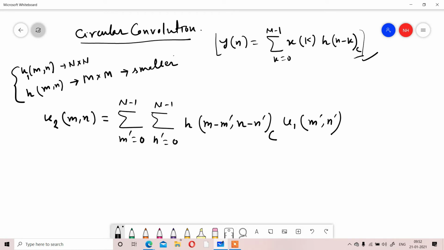That will be the expression for circular convolution in a 2D image.